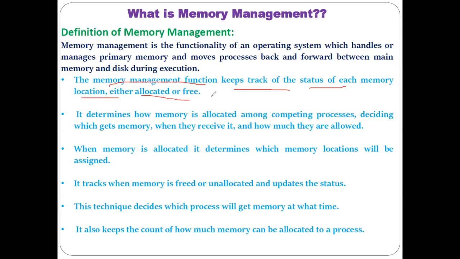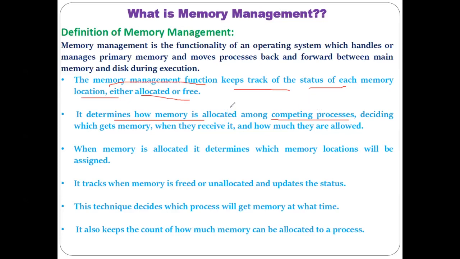It also determines how the memory is allocated among the different computing processes, that is, how memory gets allocated if more than one process wants memory, and according to priority, the memory is allocated to such processes.